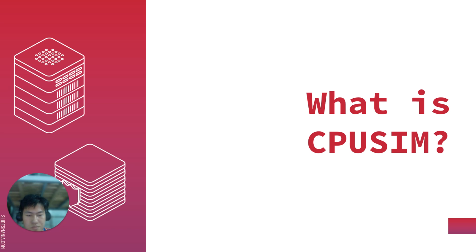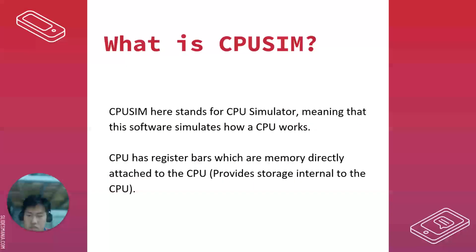What is CPU SIM? CPU SIM stands for CPU simulator, meaning that this software simulates how the CPU works. As you know, inside the CPU we have registers, which are memory directly attached to the CPU, providing storage inside the CPU. Because they are directly attached, the CPU operates very quickly with the variables in registers.